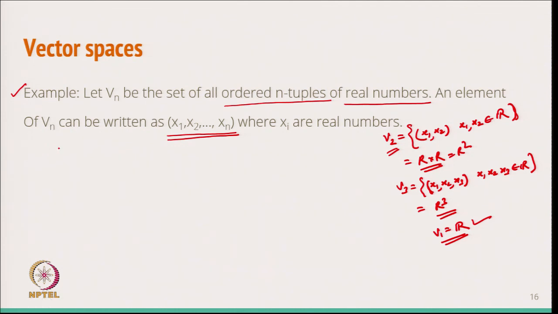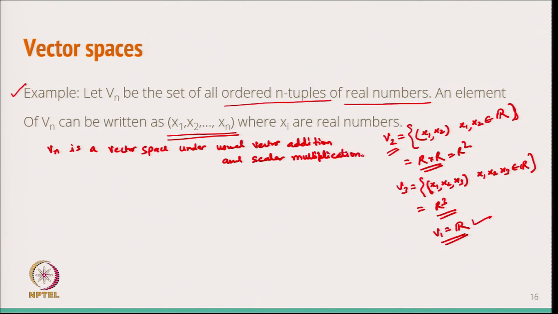We can show here that Vn is a vector space under usual vector addition and scalar multiplication.